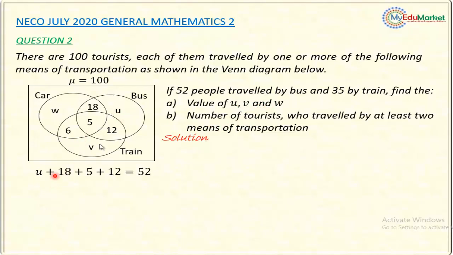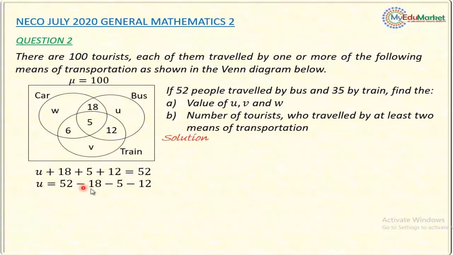So U, that is those that traveled by bus only, plus 18 plus 5 plus 12, the result must be 52. So I continue simplifying this. I'm now going to have U equals these three values shifted to the right hand side.